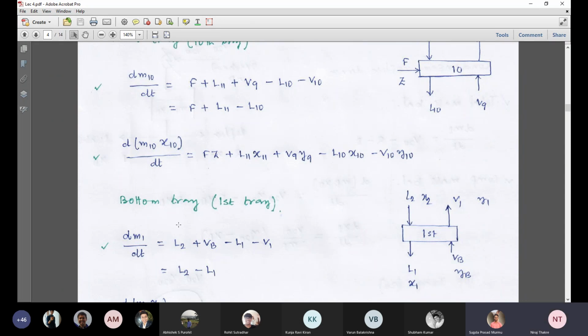What is in the left hand side? That is the right hand side you were saying, no? The differential term, the accumulation term.